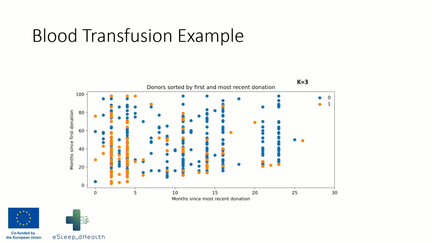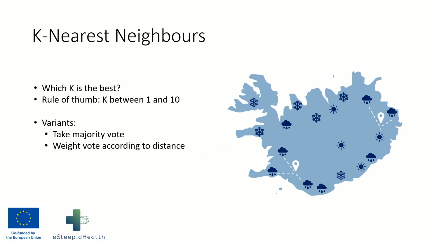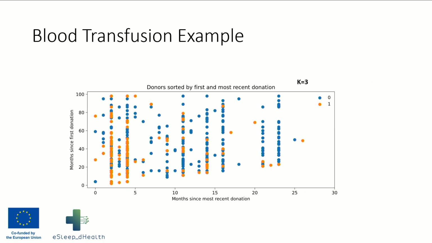Great. Here's another example, which is a bit more complex than this easy map. This is a plot of our blood donors. On the x-axis, we have the months since the first donation. And on the y-axis, we have the months since the most recent donation.